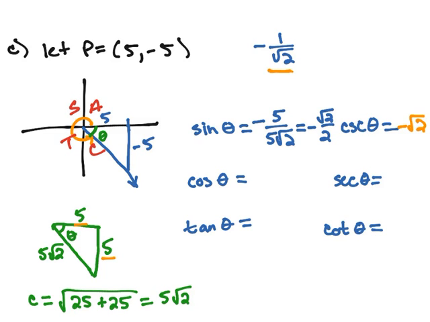So when I simplify it for cosine, I'm going to get the same answer I did for sine, except what's different? It's going to be positive because we are in quadrant 4 where cosine's the only thing that's positive. So then secant will be a positive root 2.